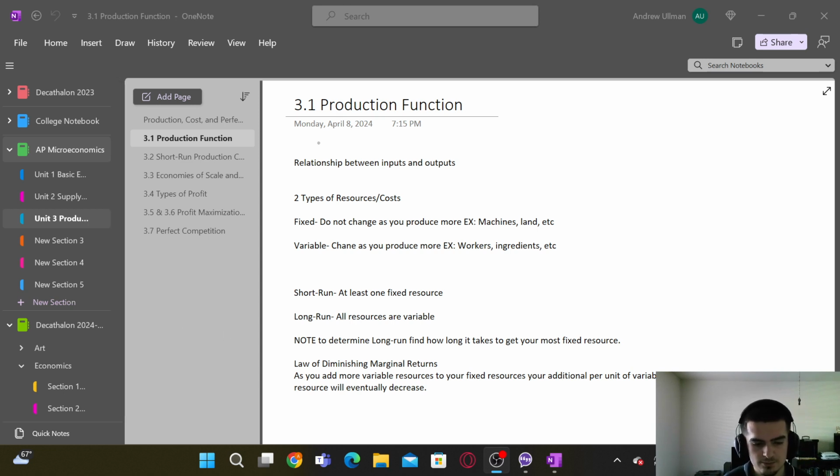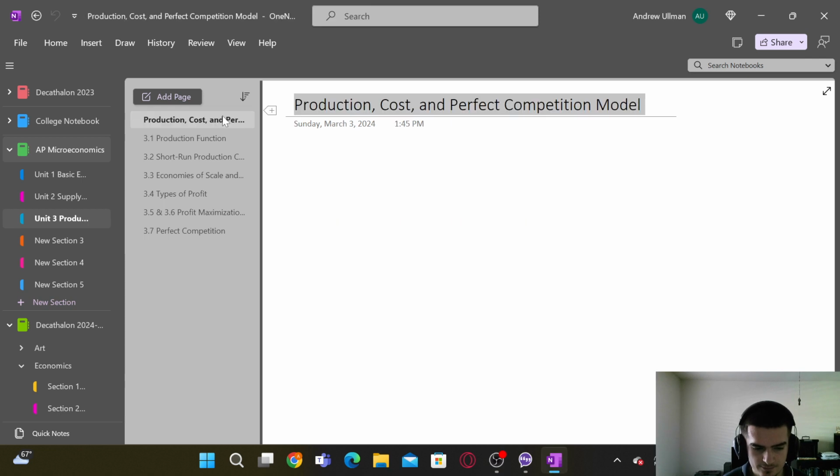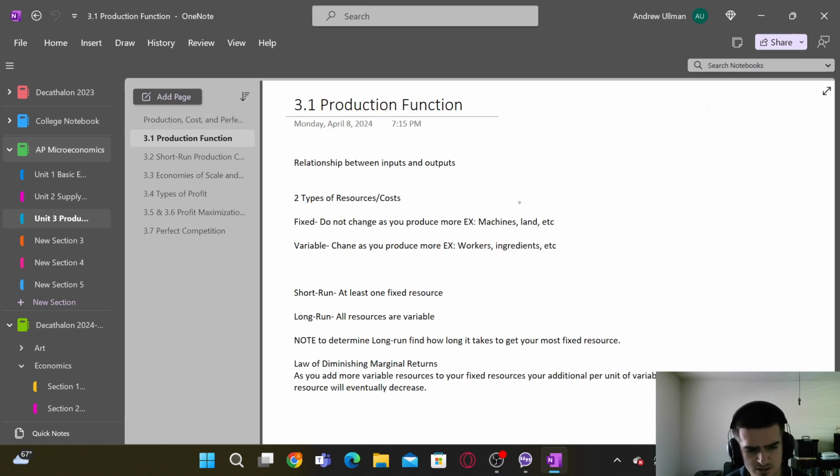So unit 3, we're gonna learn about production costs and the perfect competition model. The production function is the relationship between inputs and outputs. There's two types of resources, sometimes called costs: fixed resources or costs, and variable resources or costs. Fixed resources do not change as you produce more.